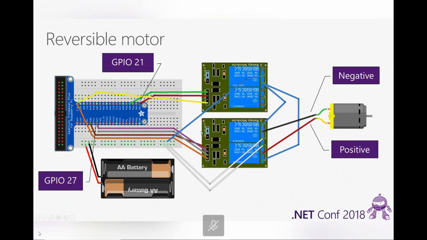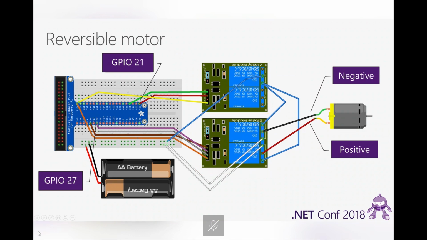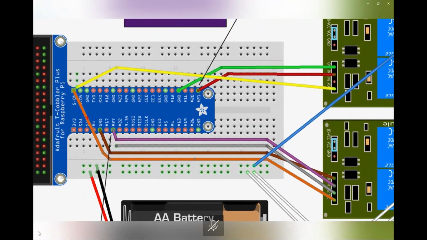Now the second relay module has 2 relays on it, and we are actually using both of those. But what I want to point out is that they are both hooked up to the same pin. In fact, let's zoom in a little bit there. You can see those are both hooked up to pin 27, both of them. Now, why would I do that?